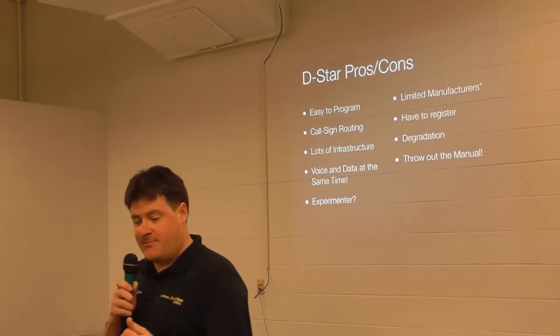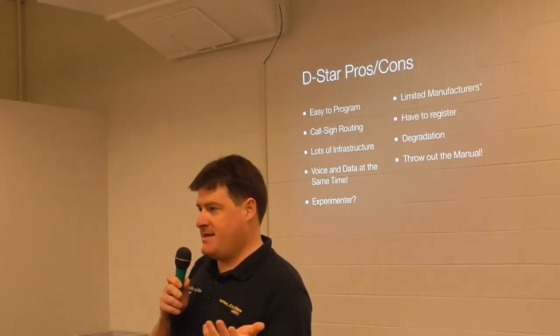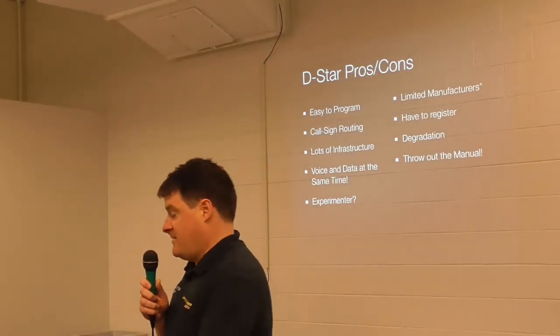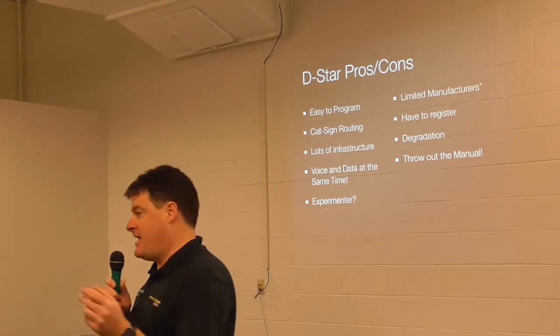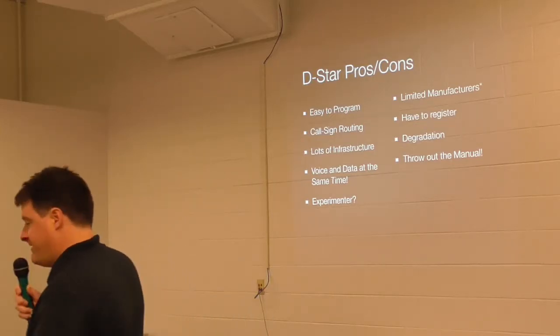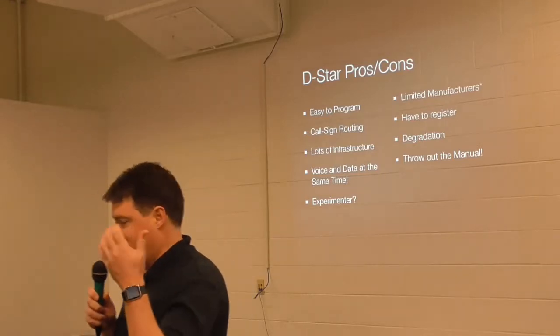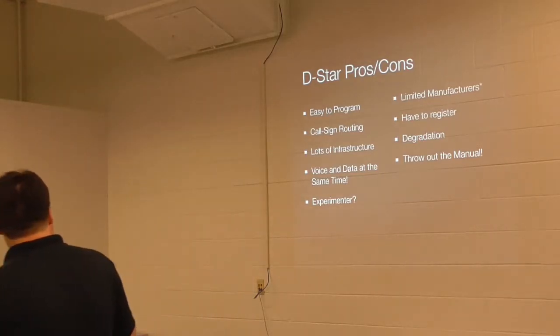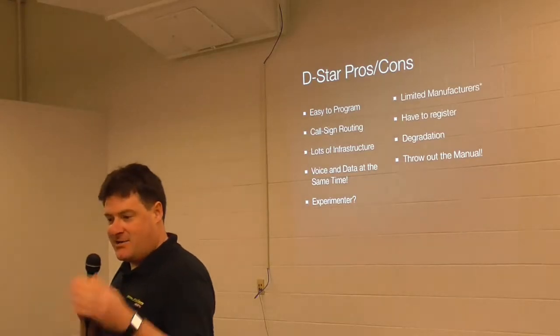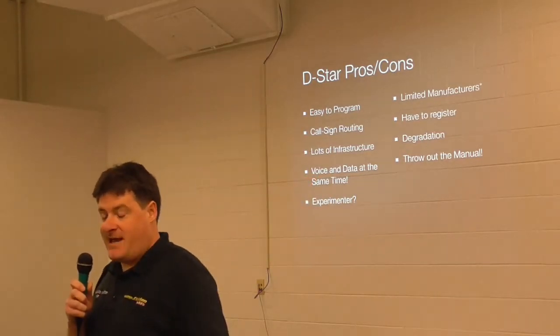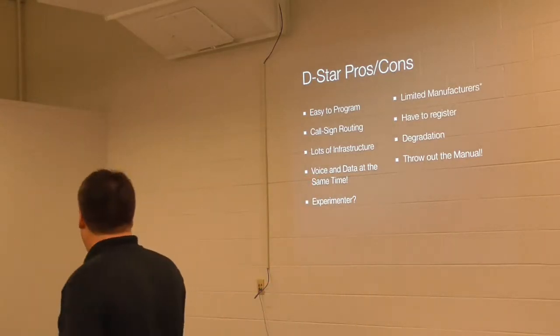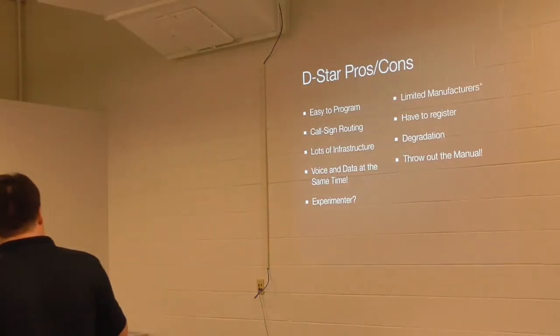So if I'm in Chicago, it goes, hey, N8ZAK was in Chicago. I don't have to plug in that repeater or any of that information. I just say, find N8ZAK, N8ZAK, this is ZAK. You essentially call your guy, it goes out that Chicago repeater, and if I'm still there, I can respond. None of the other modes have that call sign routing.